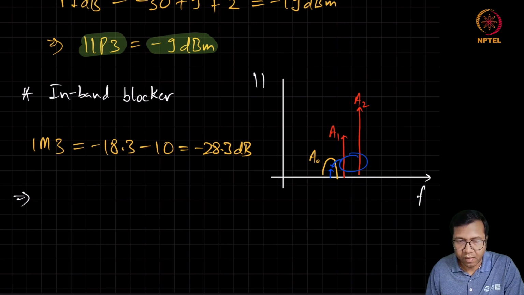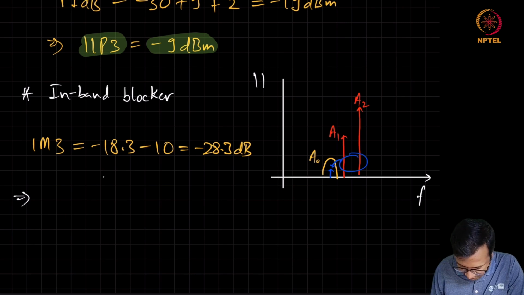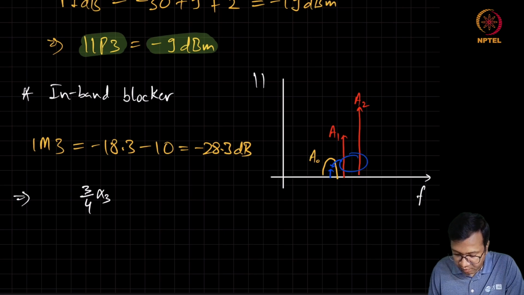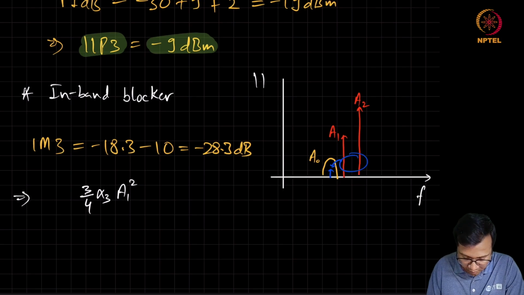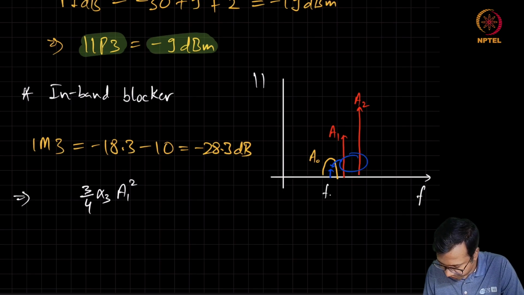And we can find this IM3 ratio as 3/4 alpha 3, which is the coefficient of the third order term in the output-input relationship, into A1 square, because here we are looking at the 2F1 minus F2. Let's call this as FC, F1, F2.